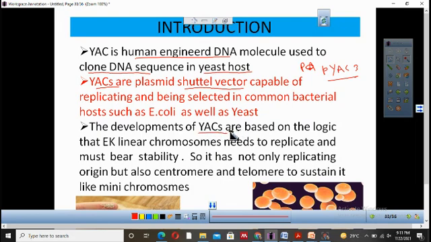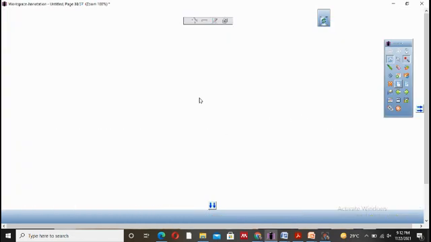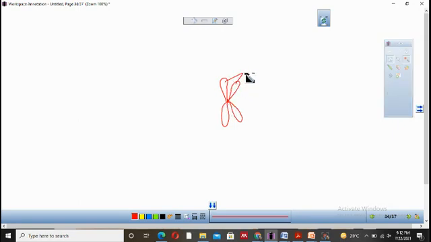The development of YACs is based on the logic that eukaryotic linear chromosomes need to replicate, and also must be stable inside the yeast cells. So for that purpose, it has not only the replicating origins, but also a centromere and telomeres to sustain like mini chromosomes. If you recall eukaryotic metaphase chromosomes, they have two sister chromatids.